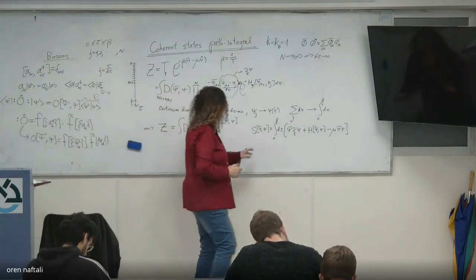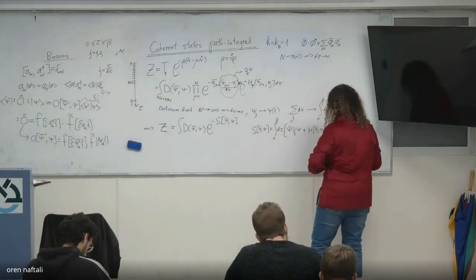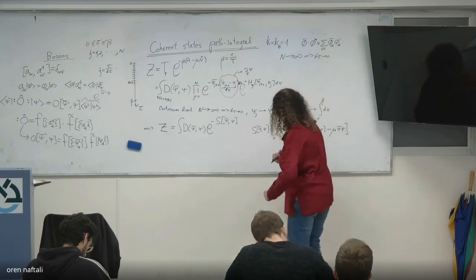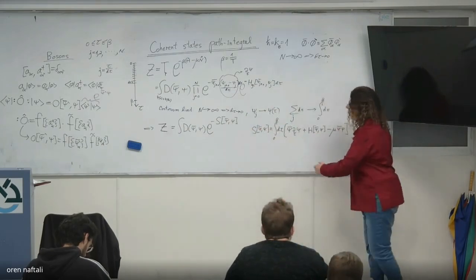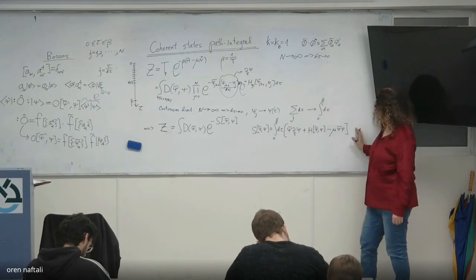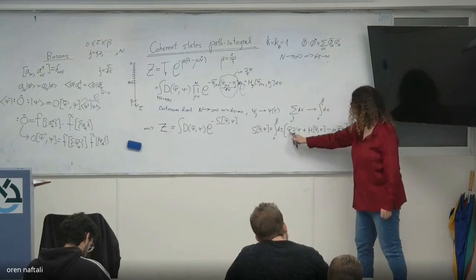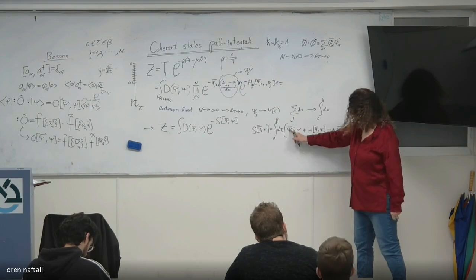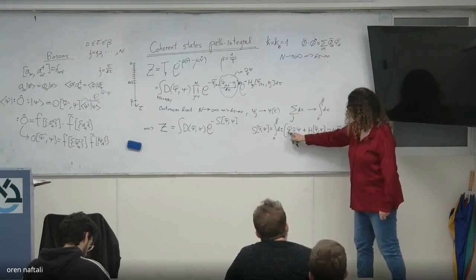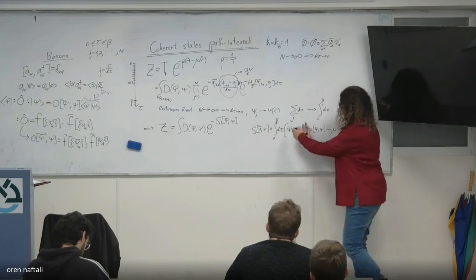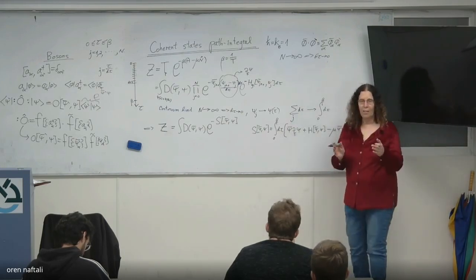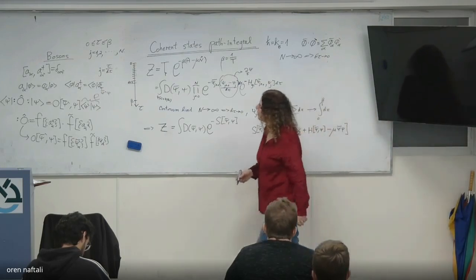Now, let us write some definitions. This is the action. This is what appears in the exponent. It's just an integral of something, but this something, what I denote by psi here, is actually a scalar product in the index alpha.